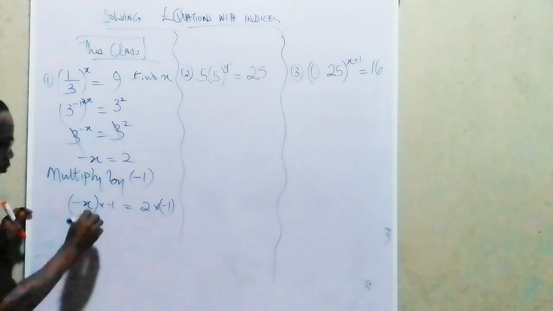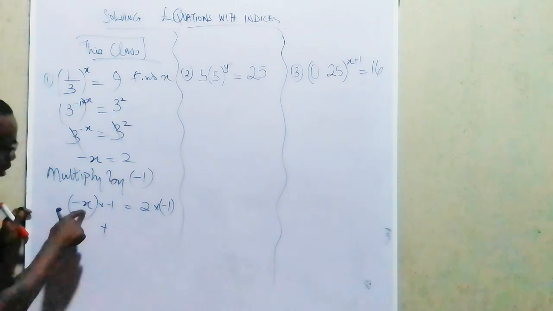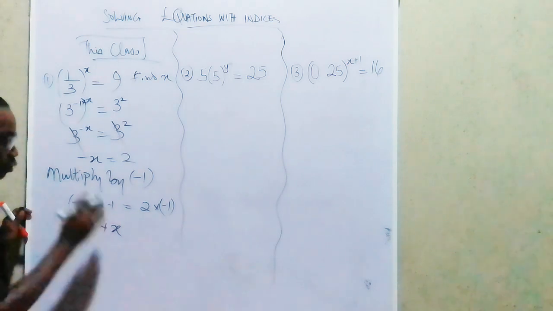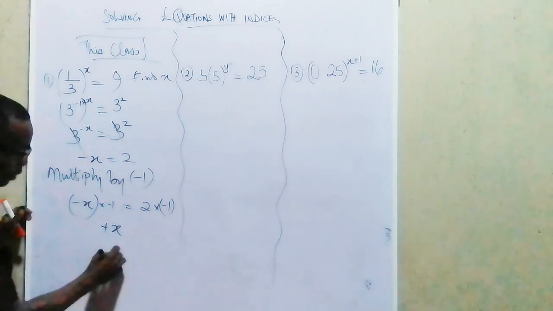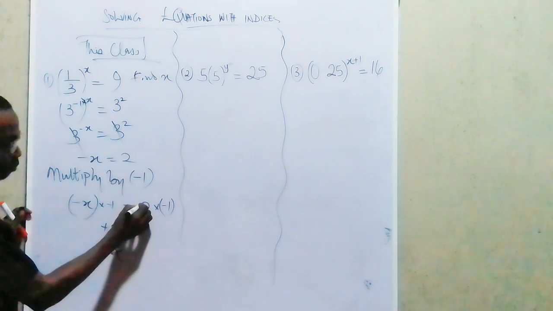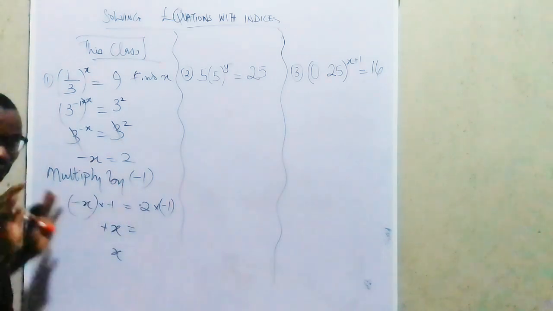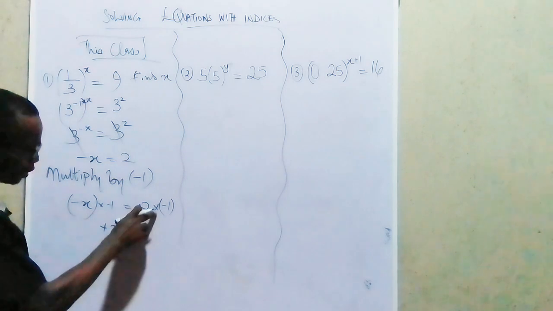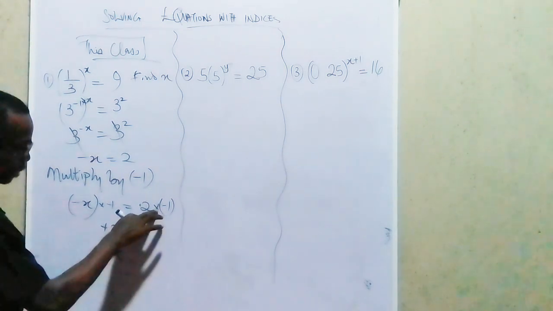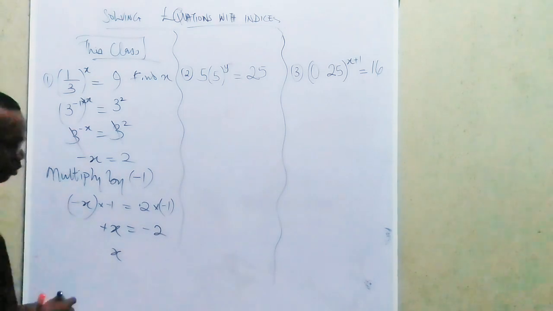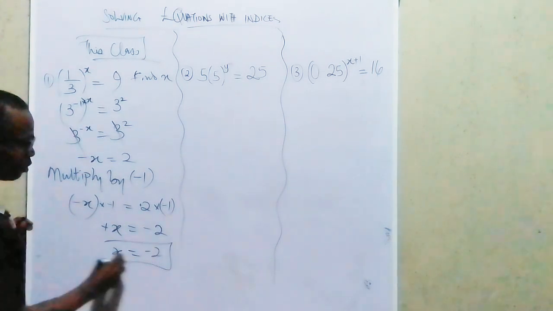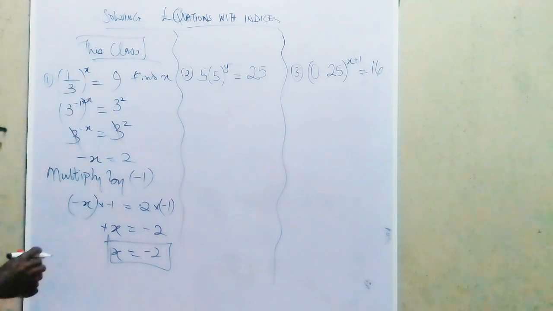Minus times minus is plus. x times 1 is x. So we have our plus x, which in mathematics is the same as writing it as x. So it is equal to, there's an invisible plus here, so we don't write it, plus times minus is minus, and 2 times 1 is 2. So bringing it down, the same thing as saying -2. So the value of x here is actually -2.